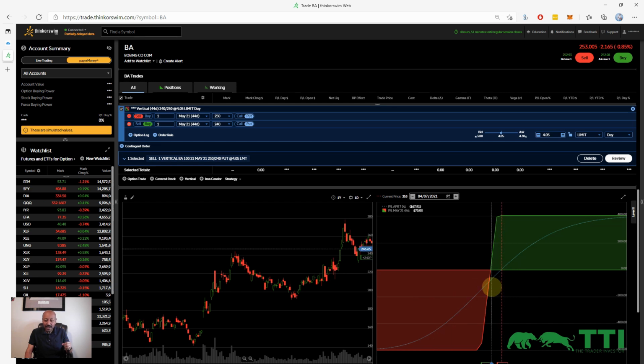If the price of Boeing at the time of expiration is way below my long strike price, meaning the 240, I might decide this is just too much of a risk. I'm willing to let go of the maximum $600 per contract and close the position completely. But if price is not that far away from 240, or if it's somewhere between 240 and 250, I'll just take the position, because my plan was a long-term hold anyway.